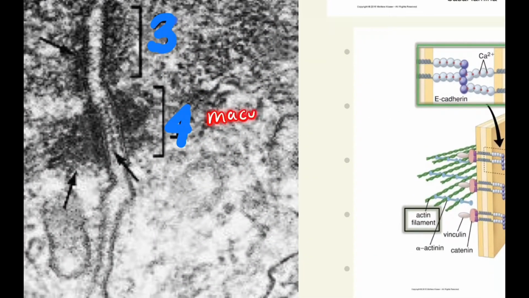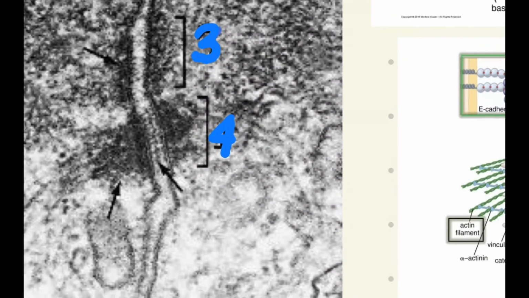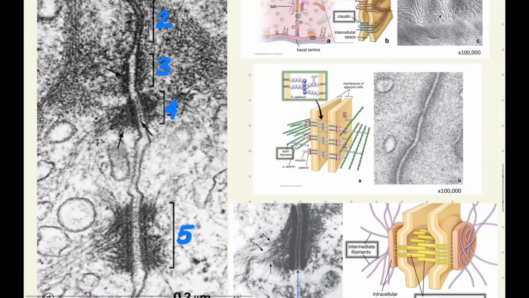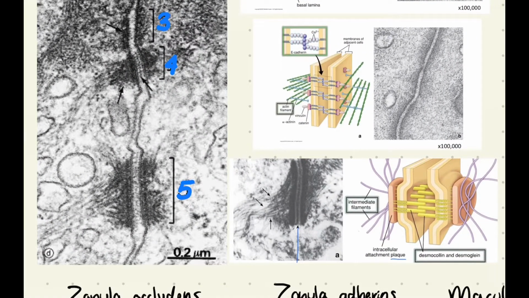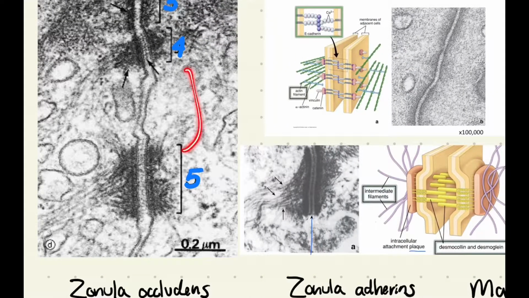So that's how you can tell the difference between the Zonula Adherence and what number 4 is, and if you might have guessed, that would be the Macula Adherence. Now this looks essentially identical to number 3 except for this appearance of this line right here, which is also outlined by that arrow. Number 5, if you look at number 5, it looks very close to being number 4.